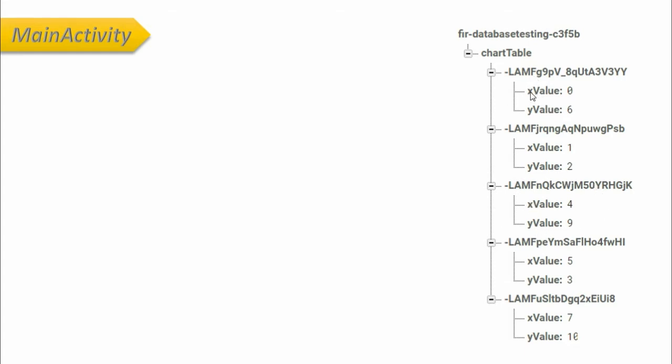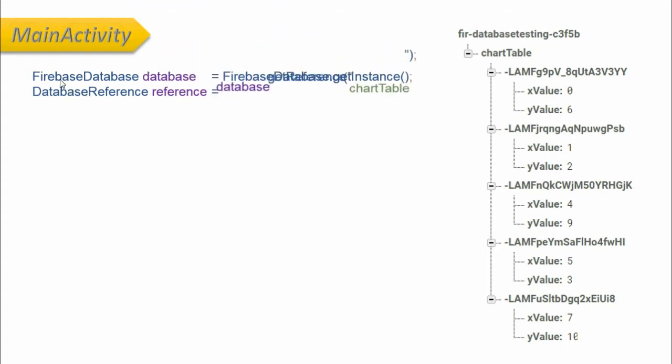For that, first in the main activity we will create two objects, one is FirebaseDatabase and second is DatabaseReference, and we will initialize both. To initialize this FirebaseDatabase, use FirebaseDatabase.getInstance, and using this object we will initialize the second one. So database.getReference, and we will provide the chart table, that is this.